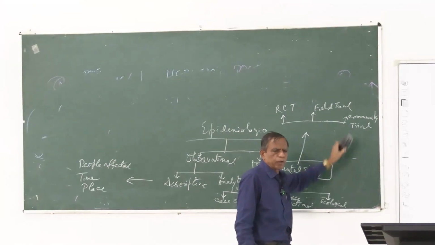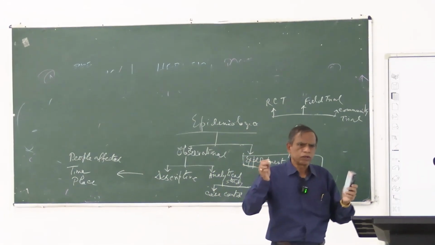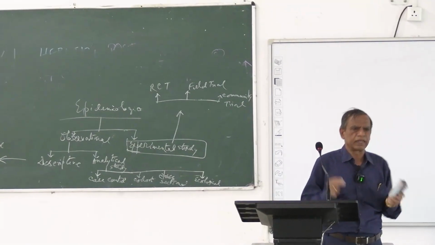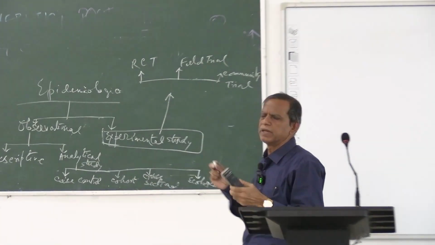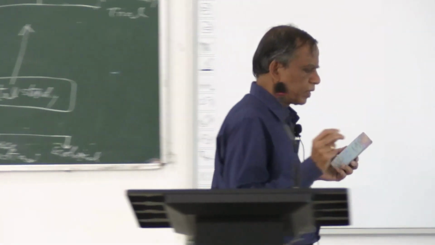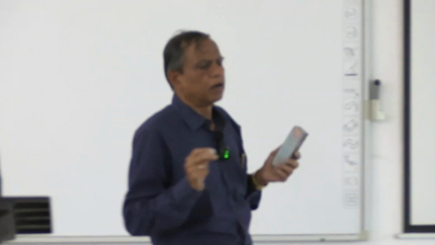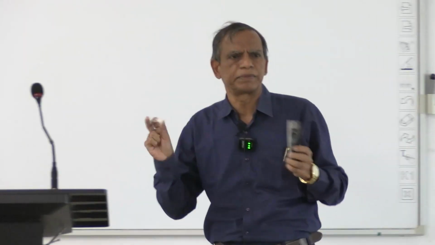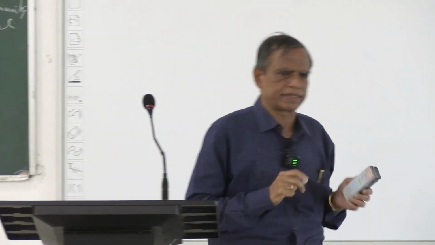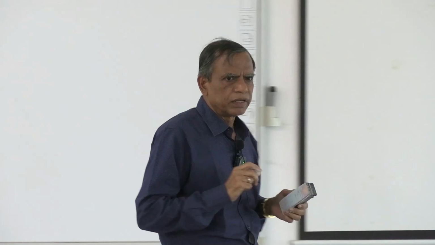In case of community trial, suppose one community resides in village X, and another community resides in village Y. In village X, you advise adoption of a healthy lifestyle among all the villagers. But in village Y, you do not give any advice regarding adoption of a healthy lifestyle.